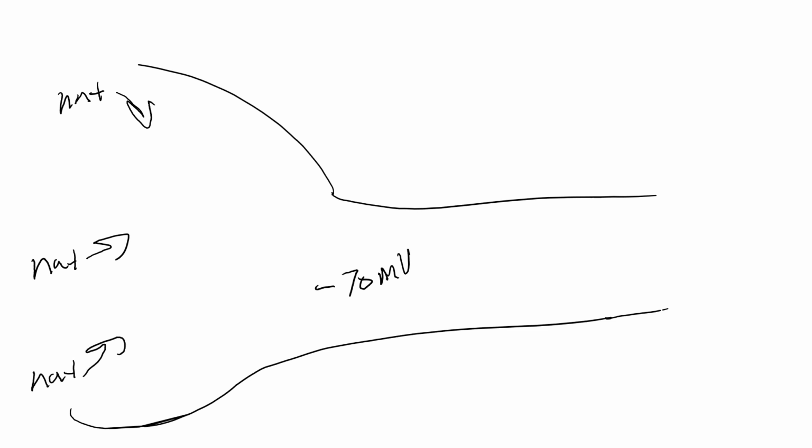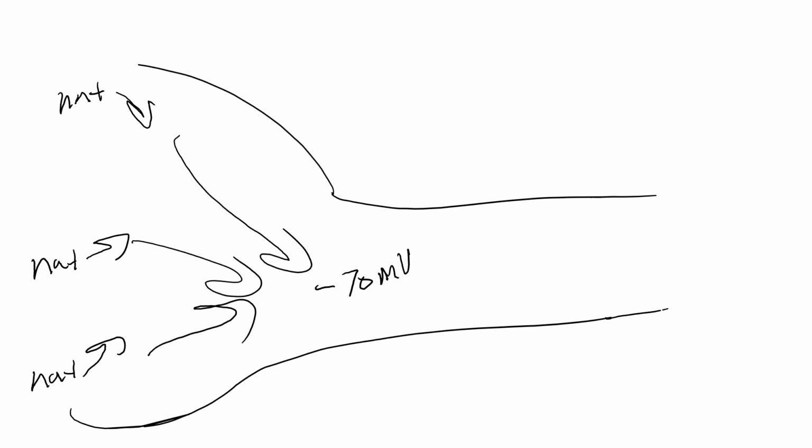Sodium coming into those dendritic regions would depolarize them, make the interior of those dendritic regions more positive. Those depolarizations would then begin to move towards more negative areas within the neuron, meaning they would move down the dendrites towards the cell body and ultimately towards the axon hillock.